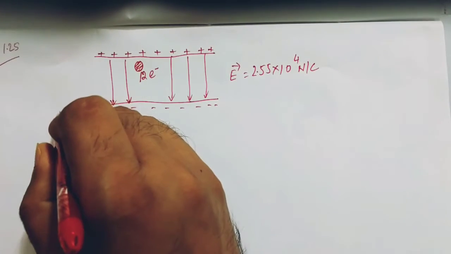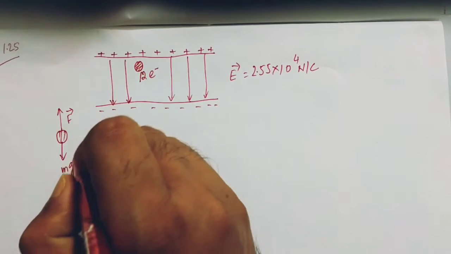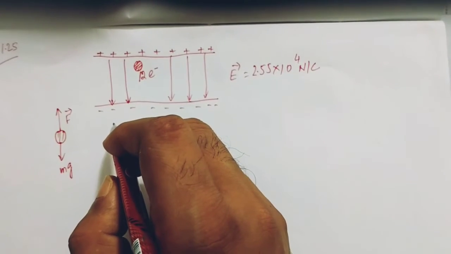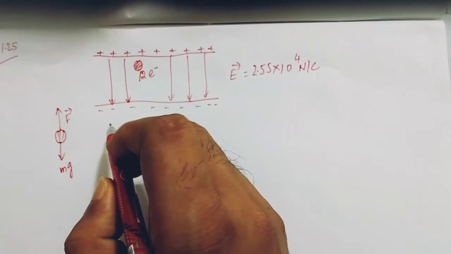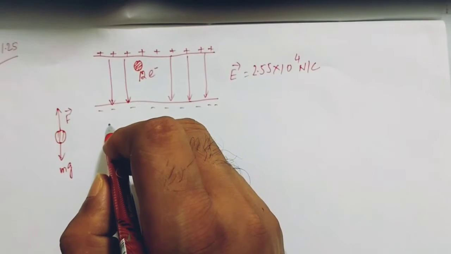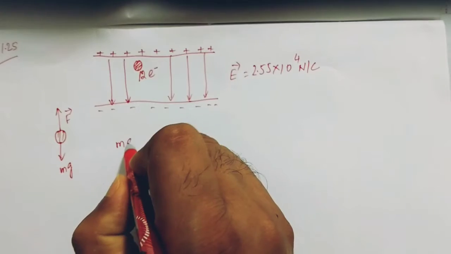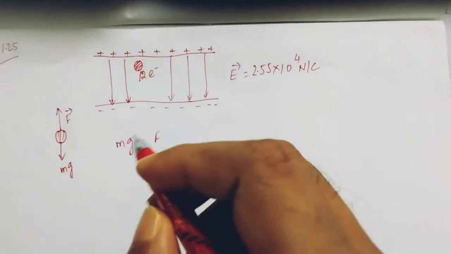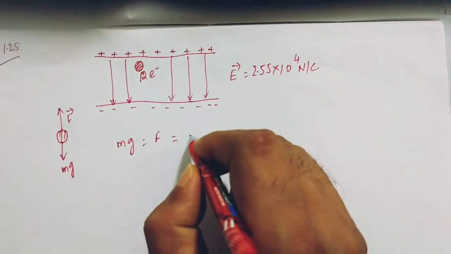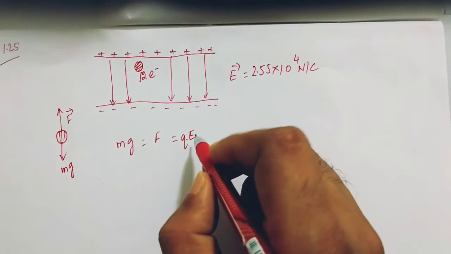Both forces will balance each other in equilibrium. As the oil drop is not falling down, mg will be balanced by the Coulomb force, right? And the Coulomb force is Q into E, right?